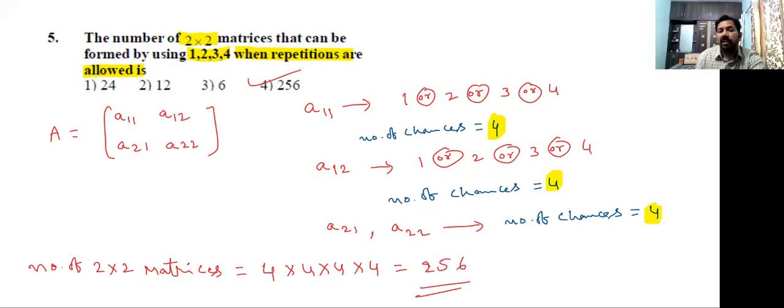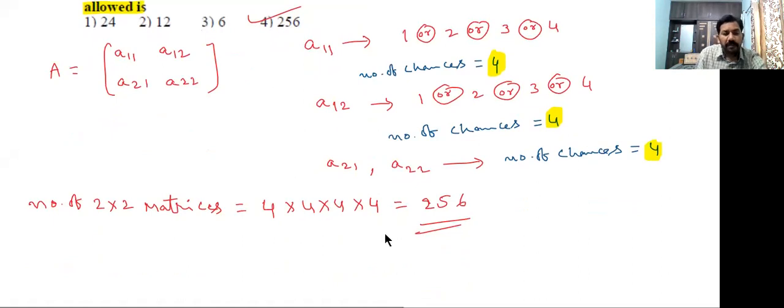When repetition is not allowed, the first element has 4 chances, the second element has 3 chances, the third element has 2 chances, and the fourth element has only 1 chance. Because repetition is not allowed, once we use a number, we can't use it again in the remaining places. Repetition allowed means 256. Repetition not allowed means first place 4, second place 3, third place 2, fourth place 1.